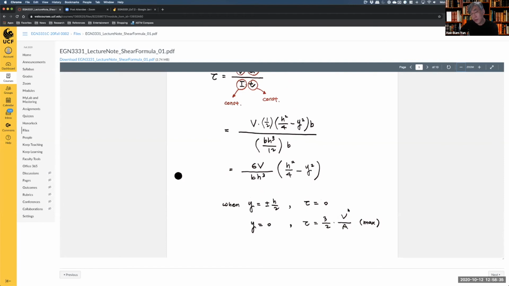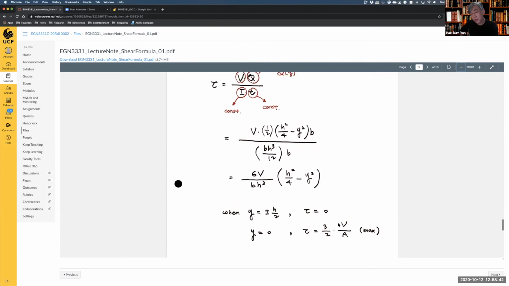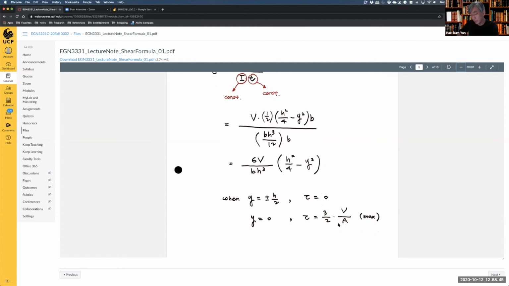When we go back to chapter 1, tau was V over A. So when we have the shear force applied on a given area A, we have V over A, right? But this is tau in a beam.